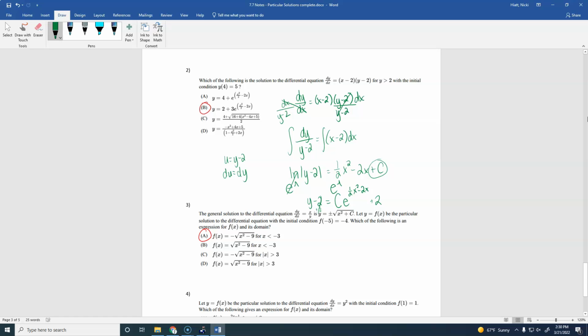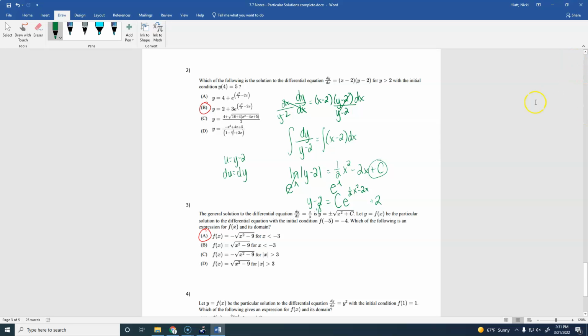So just by process of elimination, you should probably throw out C and D before you even look at your initial condition.